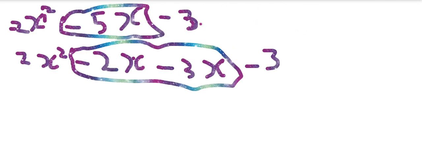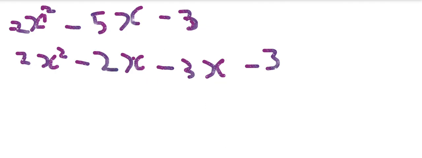So it's the same because the solution would always be 5. If we solve this, because these are like terms, it will become negative 5x. So that's how we are doing it. Now let me first solve this question.